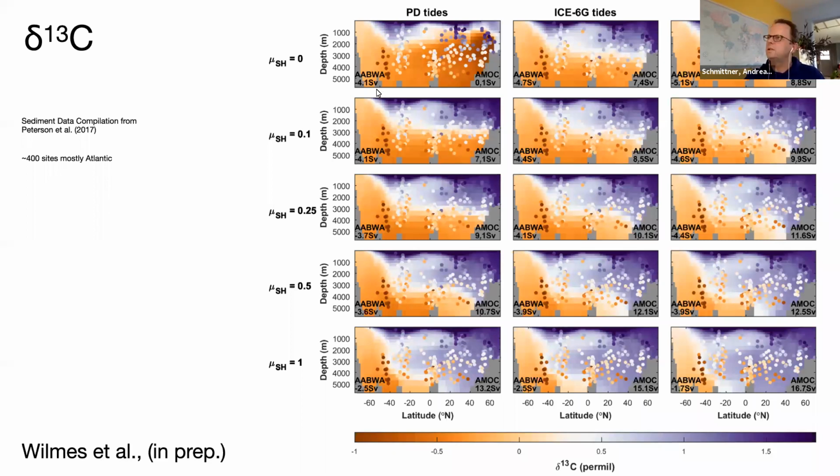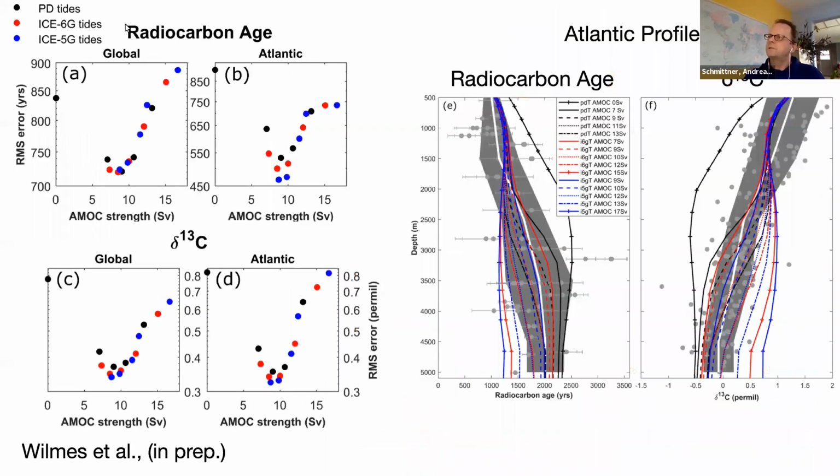And that is shown here in this graph in the top, and on the left, radiocarbon age. The global data is shown on the very left panel, and then the Atlantic only in the right panel. And let's look at the global one first here. AMOC strength is the horizontal axis, and then the root mean squared error of all the data in radiocarbon years on the vertical axis.